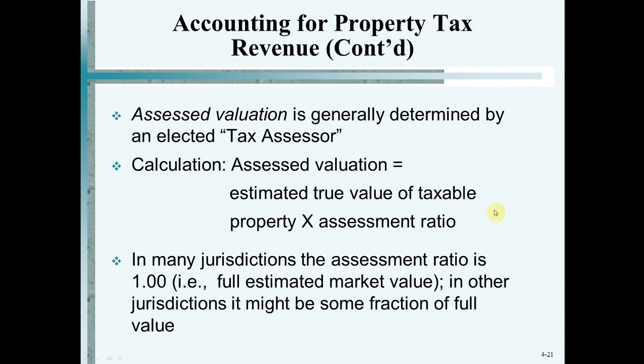You might have, let's say, $1 billion of property, and then you would multiply that by your assessment ratio, say 1%, and that's your assessed valuation. So 1% of the billion would be 10 million. In many jurisdictions, the assessment ratio is 1, such as the full estimated market value. In other jurisdictions, it might be some fraction of full value.